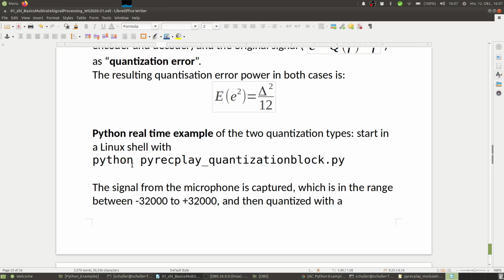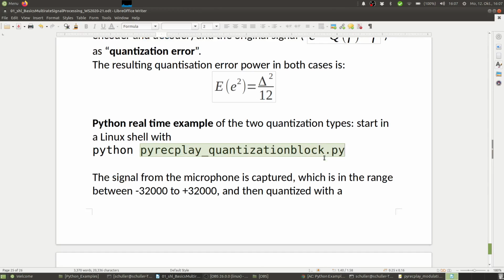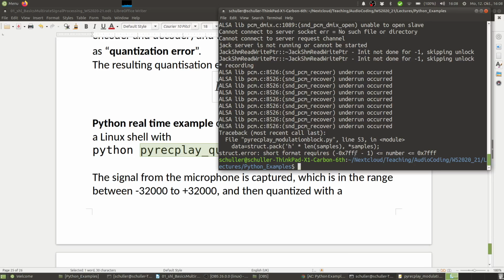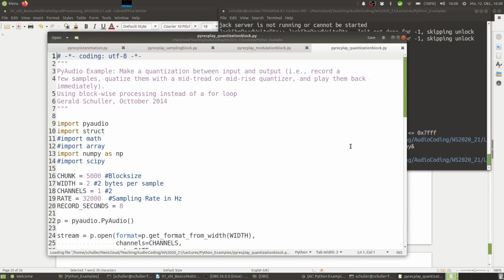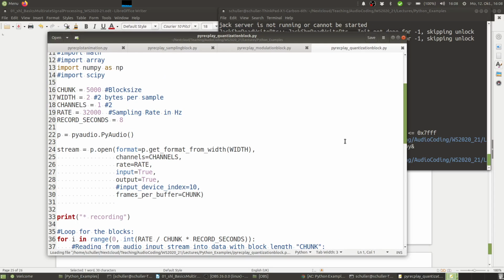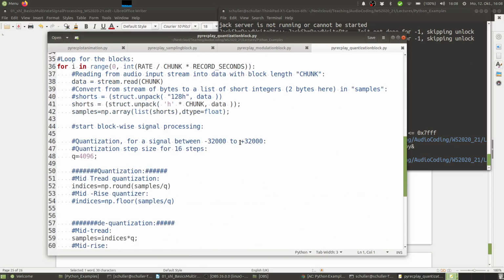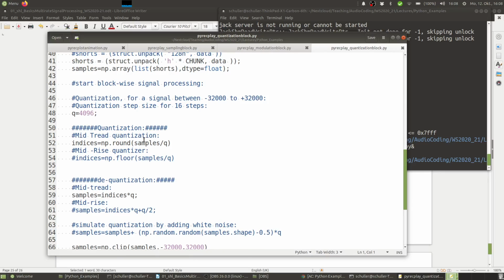Yeah, and here's a little example to show how they behave. So let me open it. Yeah, so beginning is the same, and here I'm doing the quantization.